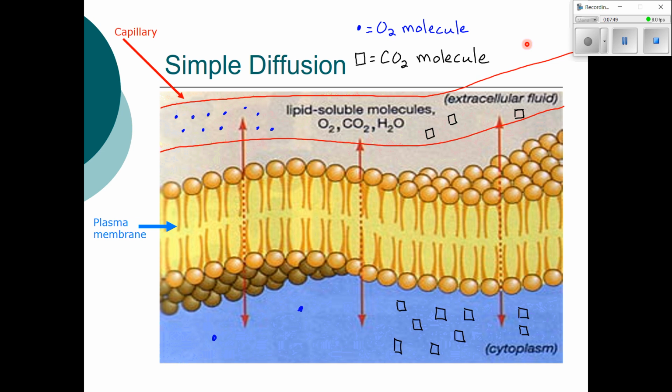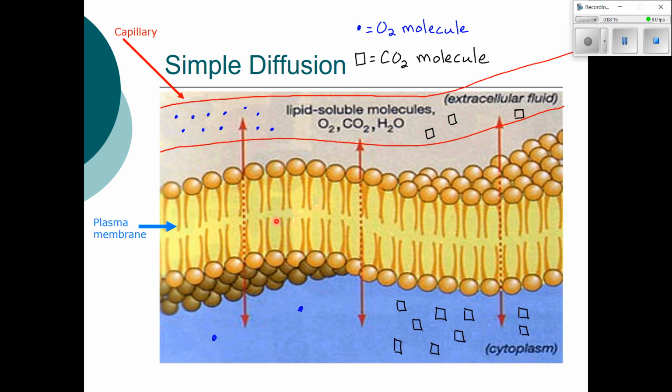Let's just say it's a cell way down in the middle of your big toe. That big toe cell is surrounded by a plasma membrane, which remember is mostly a phospholipid bilayer, which is selectively permeable, so some substances can pass through it easily and others cannot.